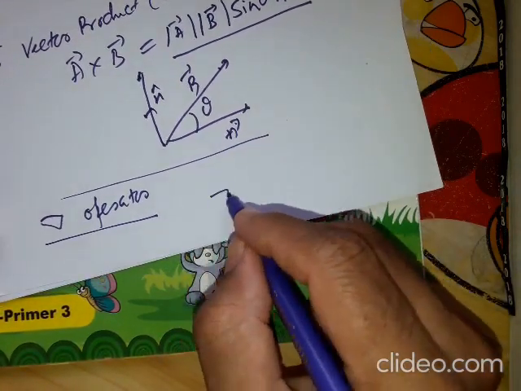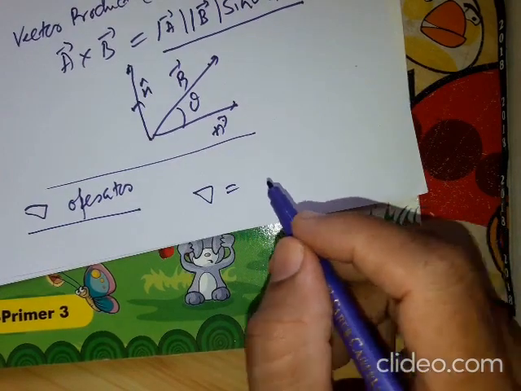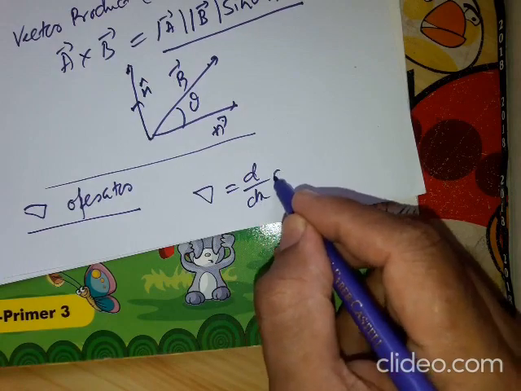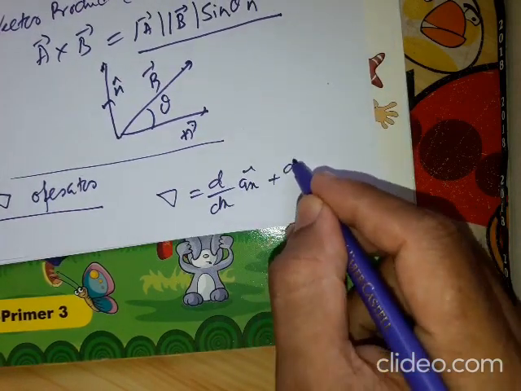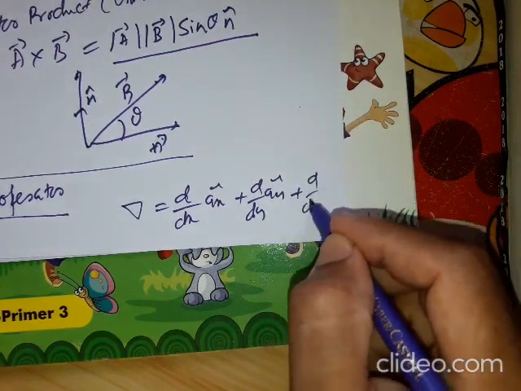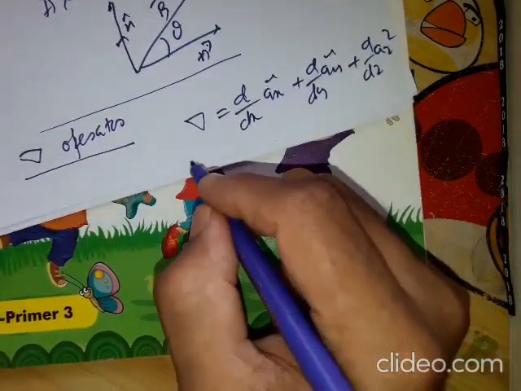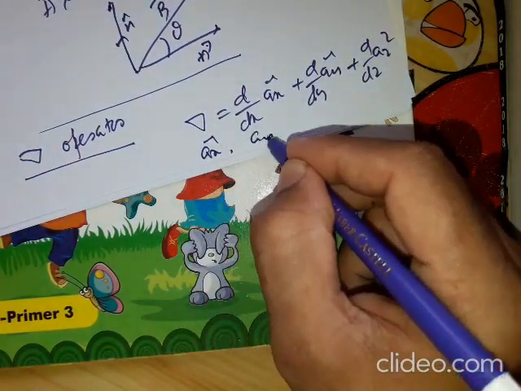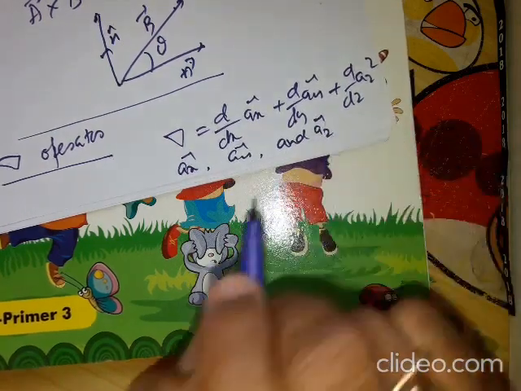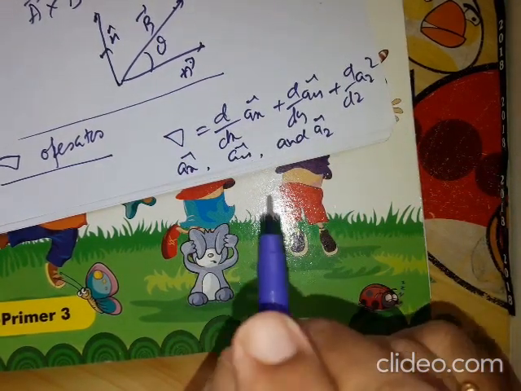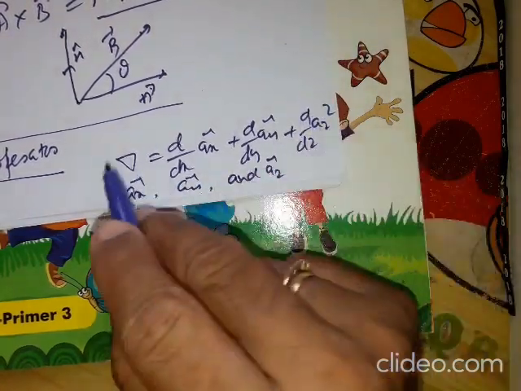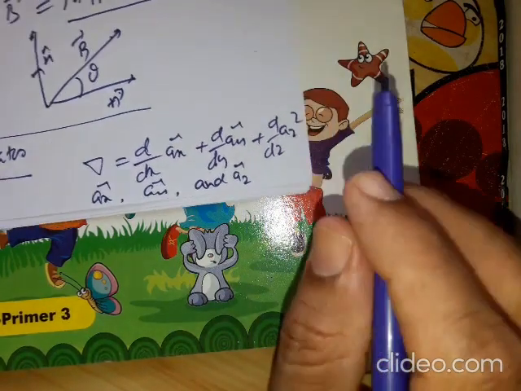Del is a vector operator, given by del equal to d by dx of ax cap plus d by dy of ay cap plus d by dz of az cap, where ax cap, ay cap and az cap are known as the base vectors. In other coordinate systems like the cylindrical coordinate system, del has a different form.